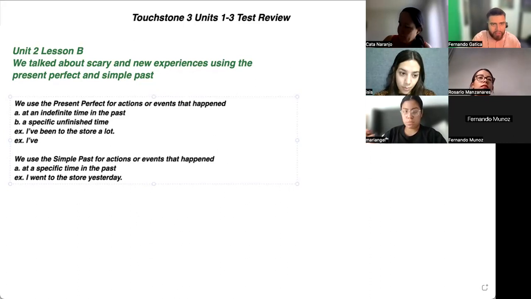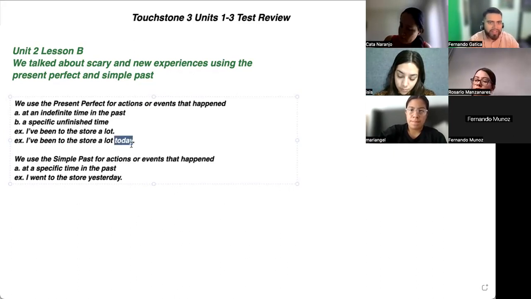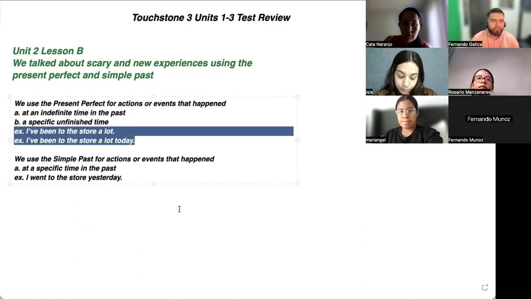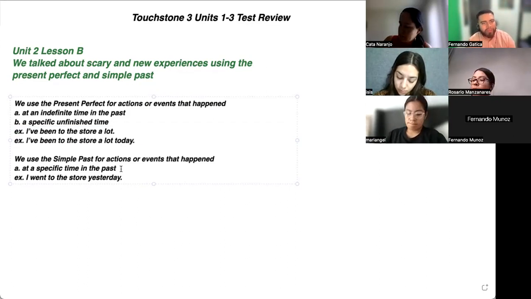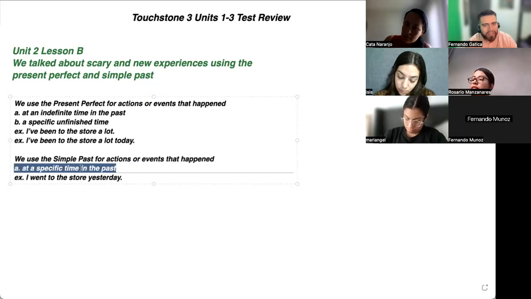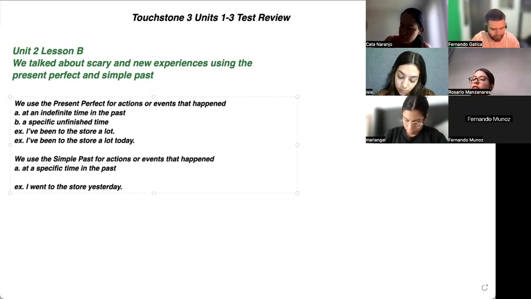And I've been to the store a lot today. Today is specific, but it's not finished. It's unfinished. And the interesting thing is that the simple past only works for a specific time in the past, but the present perfect works for a specific unfinished time.